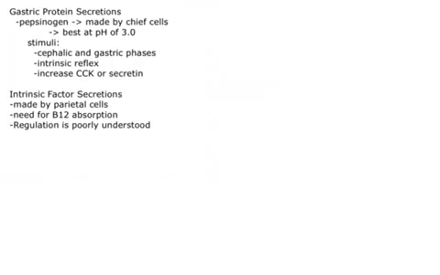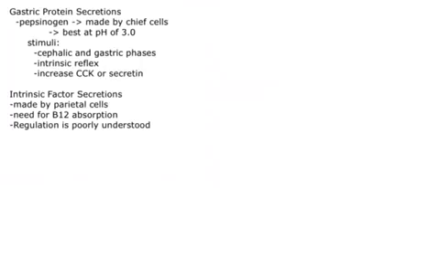The stimuli are cephalic and gastric phases, which increase secretion via vagus input or via stretch in the stomach or the smell, taste, thought, or talk of food. And possibly the intrinsic reflex that increases pepsinogen as acid increases. The increase of CCK and/or secretin may increase secretion.